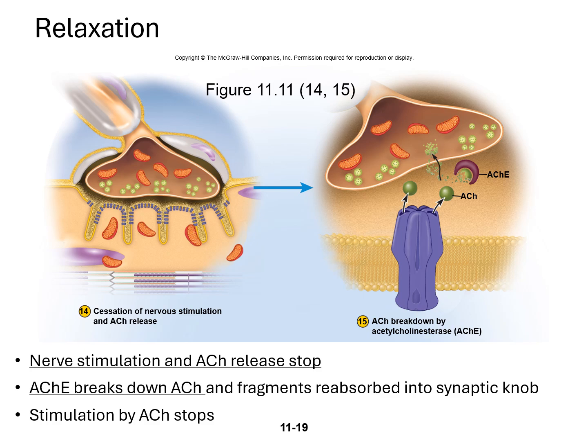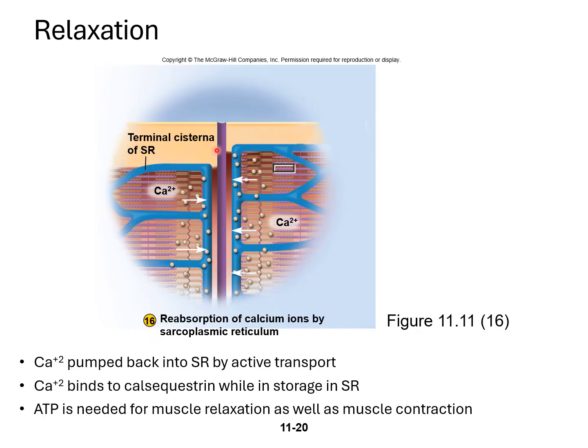Once it relaxes, the acetylcholine gets released from the receptor, and acetylcholinesterase will break it down to be reabsorbed into the synaptic knob. That means that once that signal is stopped, the calcium gets reabsorbed into the sarcoplasmic reticulum.